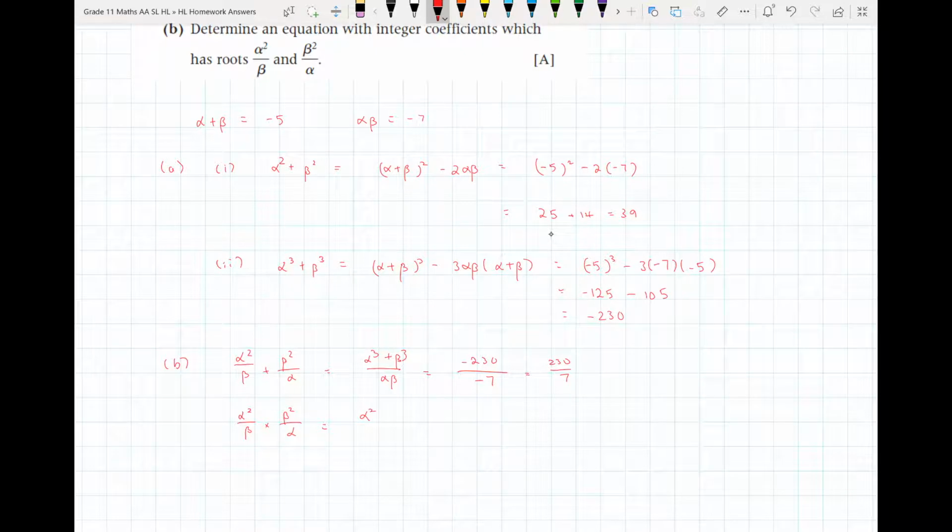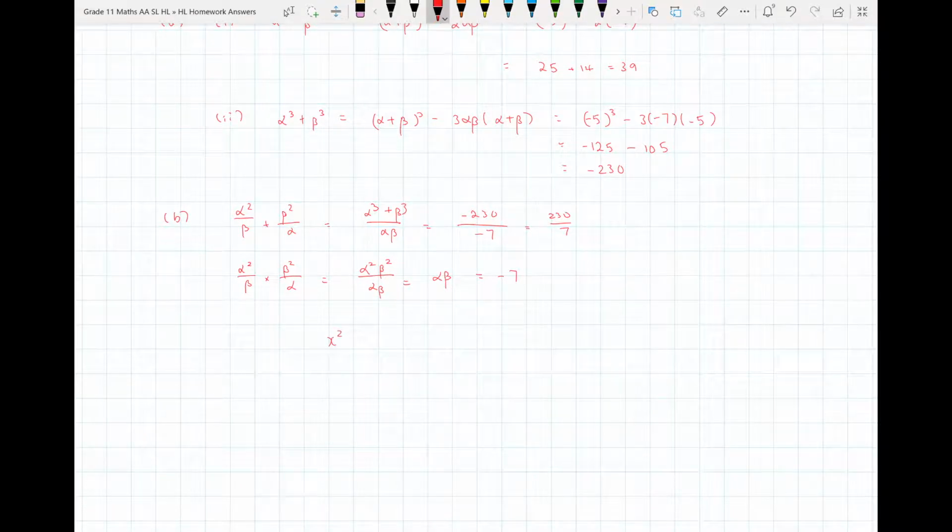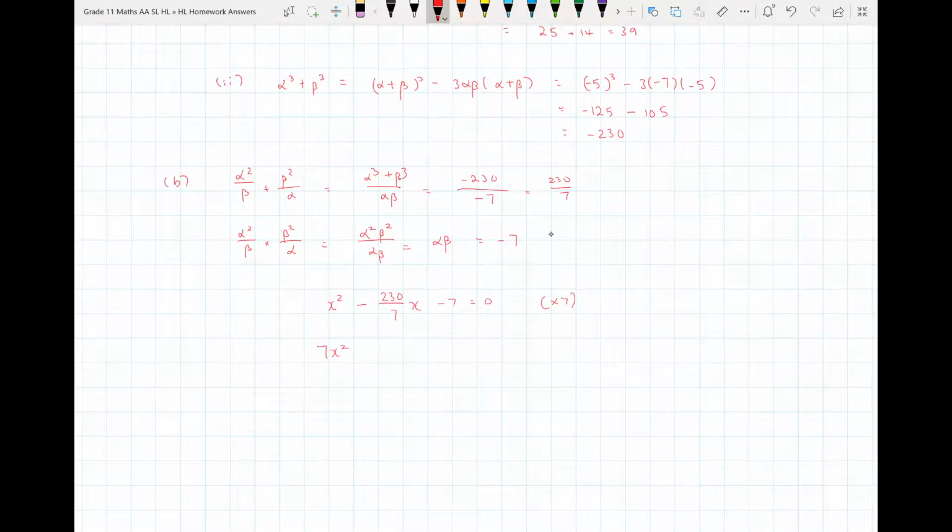So you notice that this is actually alpha squared beta squared over alpha beta, which is really just alpha beta. So that's -7. So for an integer coefficient equation, we'll start off with the general one. It's x squared minus 230 over 7x minus 7 equals 0. So we can cancel the denominator by multiplying by 7 there.